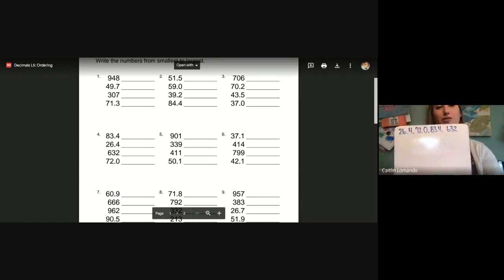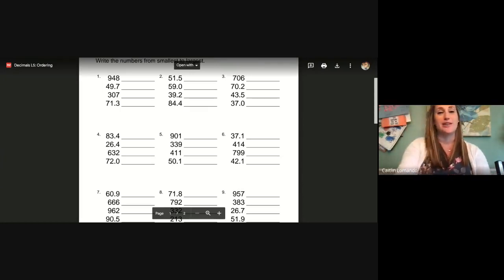Let's see, did you get what I got? My smallest was, there we go, sometimes there's a little glare, 26 4/10, followed by 72, followed by 83 4/10, followed by 632.